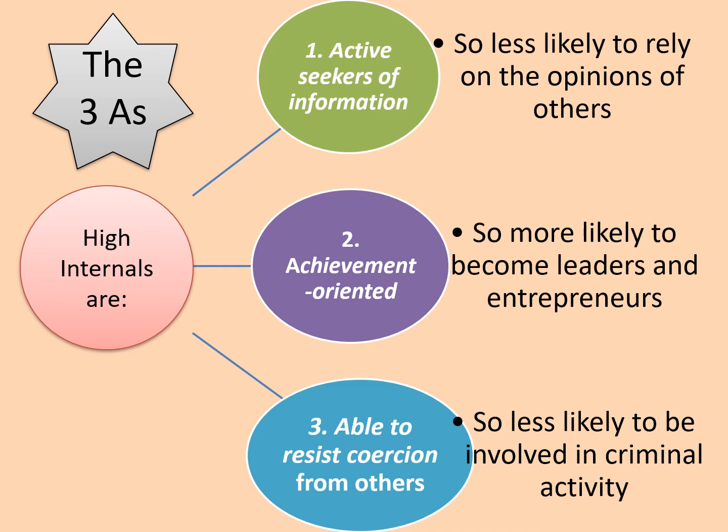If you are achievement orientated and get really good qualifications, you're more likely to become a leader and an entrepreneur. So you're more likely to be the person in charge giving those orders, and you're certainly not going to follow what other people are doing. If you are able to resist coercion, that means you're much less likely to be involved in criminal activity. If you can stand up to other people, then even if they're threatening you, you can say, no, I'm not doing it. And so people who are internal have those 3 characteristics, the 3 A's.